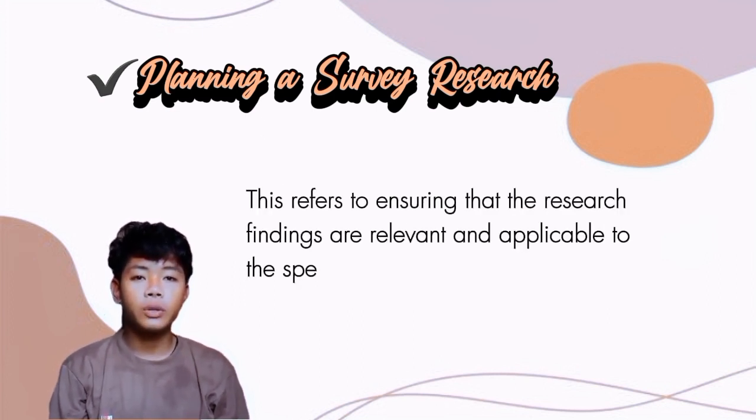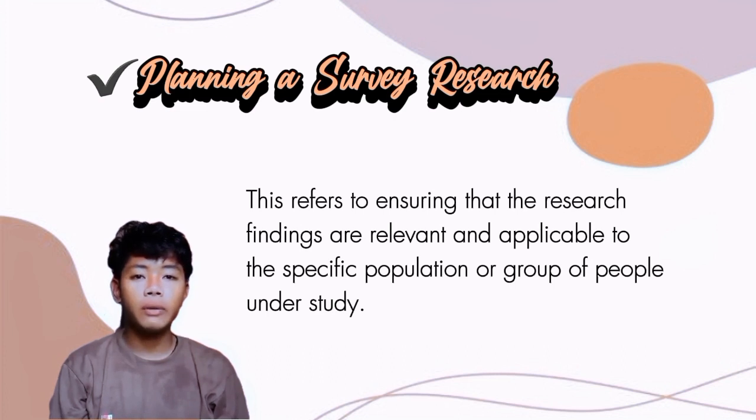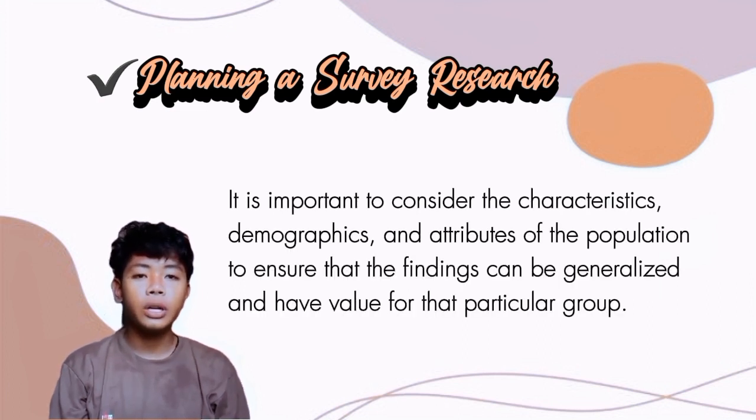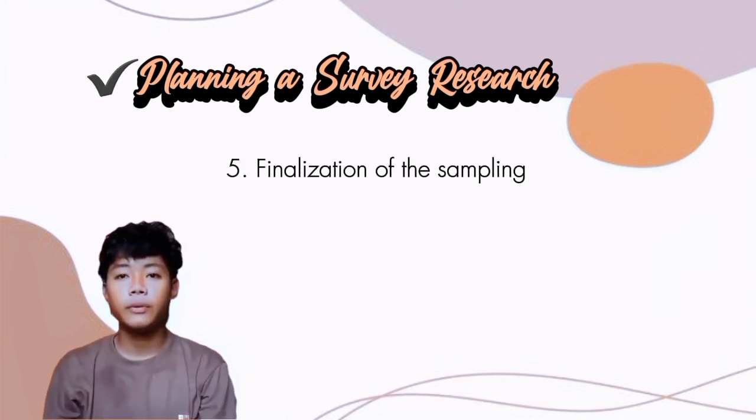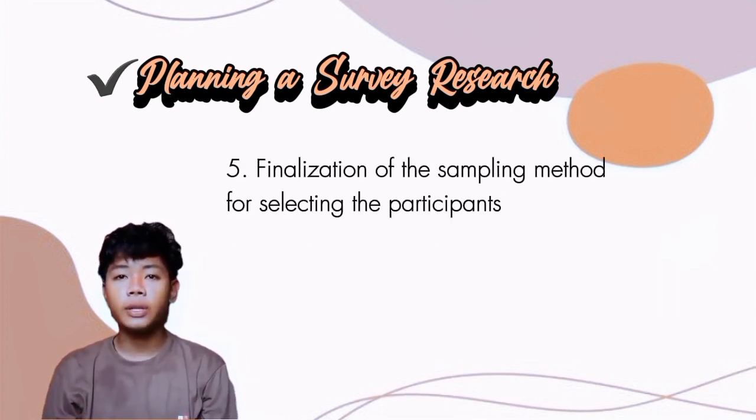This refers to ensuring that the research findings are relevant and applicable to the specific population or group of people under study. It is important to consider the characteristics, demographics, and attributes of the population to ensure that the findings can be generalized and have value for that particular group. Fifth, finalization of the sampling method for selecting participants.